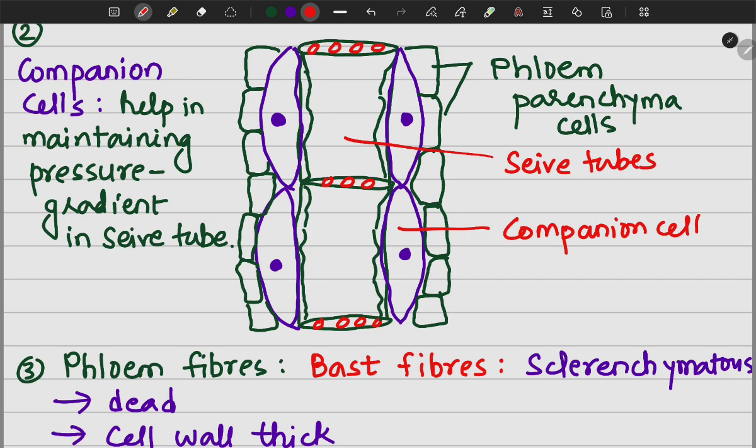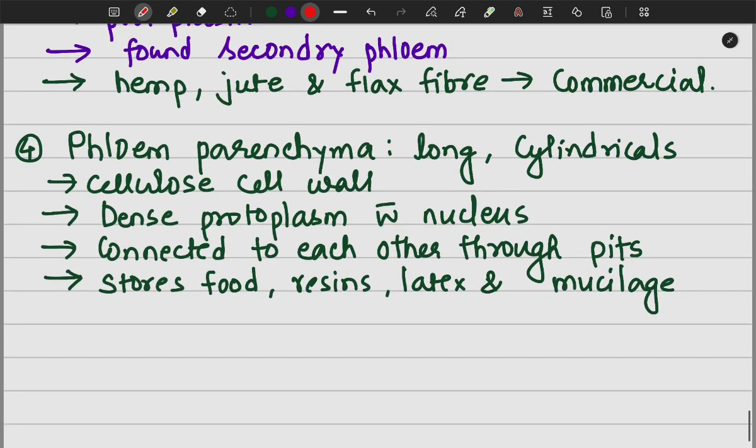The fibers will also be present in this association, and that's how these four types of cells work as a single unit to form a phloem. Alright, and they help in the conduction of food material bidirectionally, towards the upper side of the plant as well as towards the lower side of the plant.